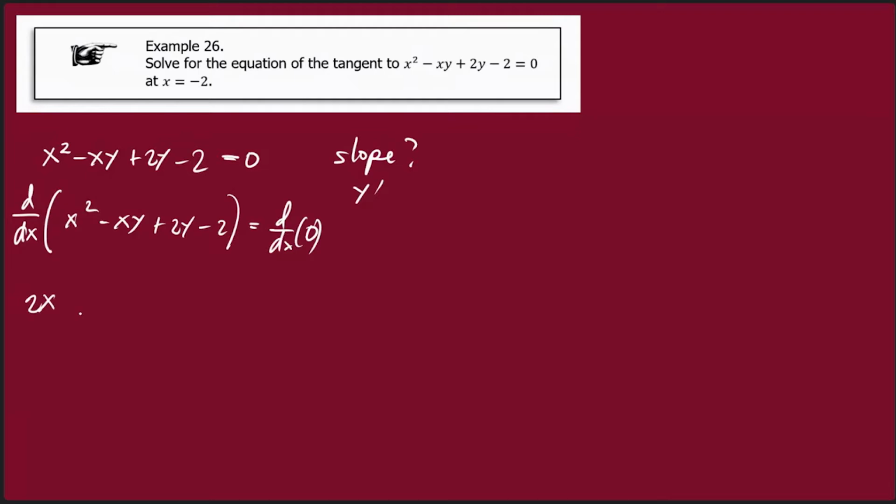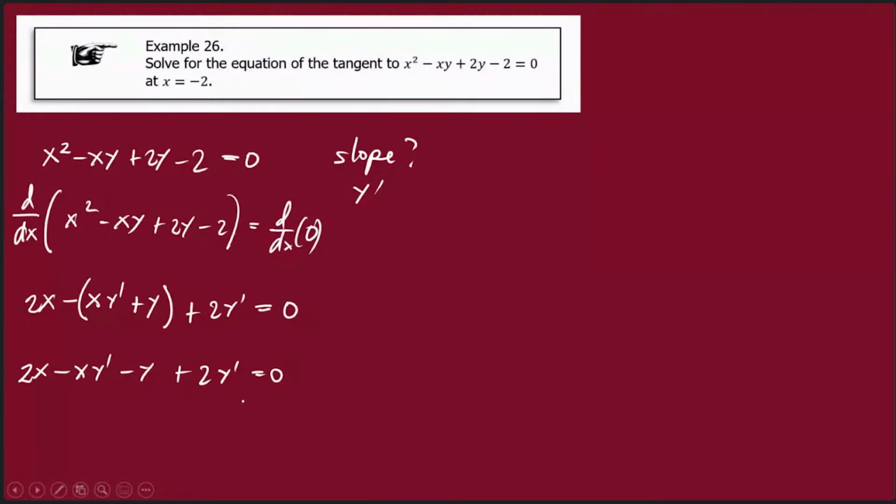So this will be 2x minus x y prime plus y, plus 2y prime minus 0, because the derivative of -2 is 0, and this is equal to 0. Any questions? So this is 2x minus xy prime minus y plus 2y prime, equal to 0.